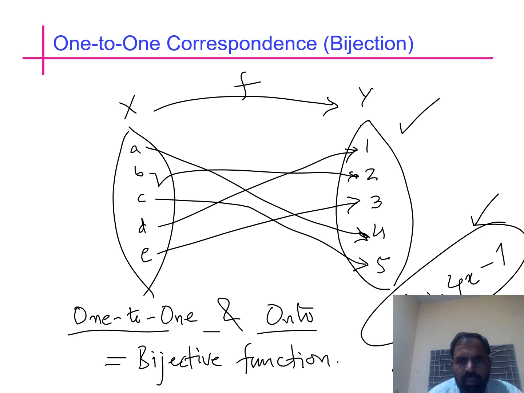If we combine these two, one-to-one and onto, then that function will become a bijective function. It's very simple, and it's an important function. One-to-one is called an injective function, onto is called a surjective function, and if we combine these two, then it becomes a bijective function.